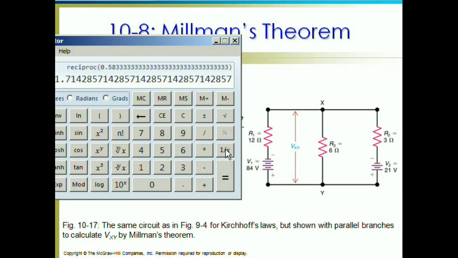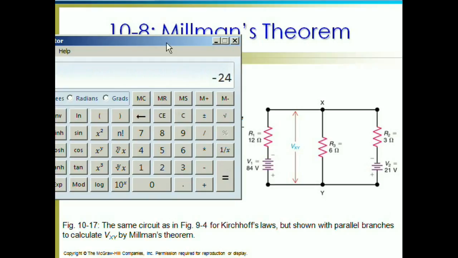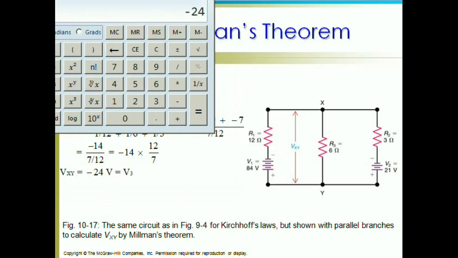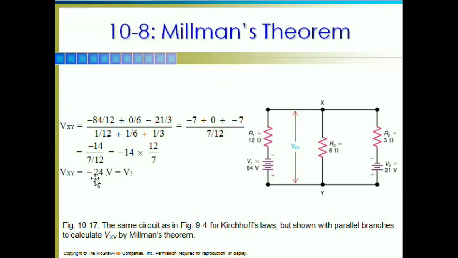Take the reciprocal, times memory recall, equals minus 24 volts. And if we were to go ahead and do the math like they did, we end up with minus 24 volts.